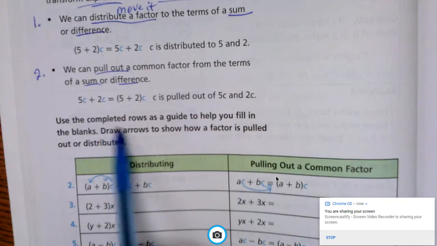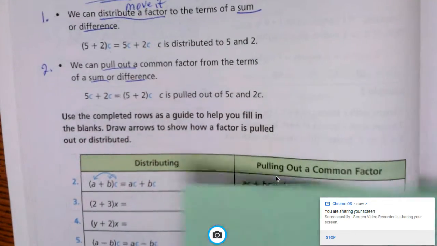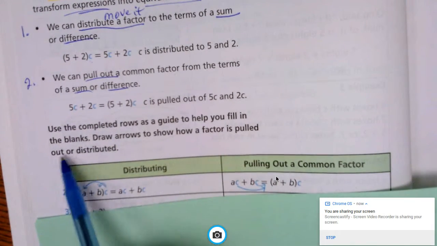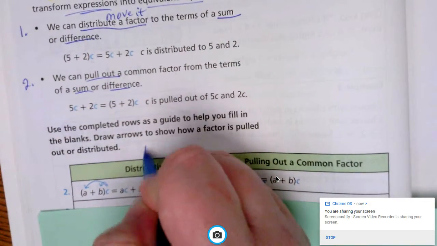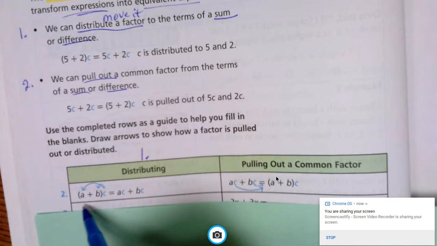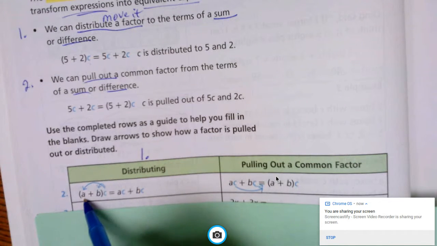We're going to use the completed rows to guide us and fill in the blanks. We're going to draw arrows to show how a factor is pulled out or distributed. This was the first way. It shows you that c is being multiplied to a and b.